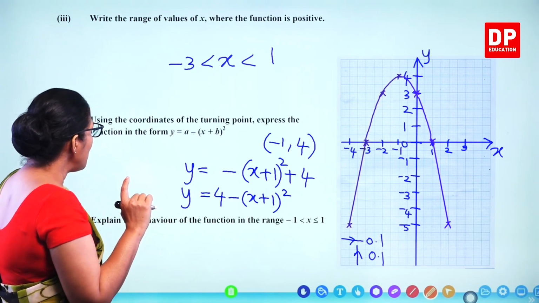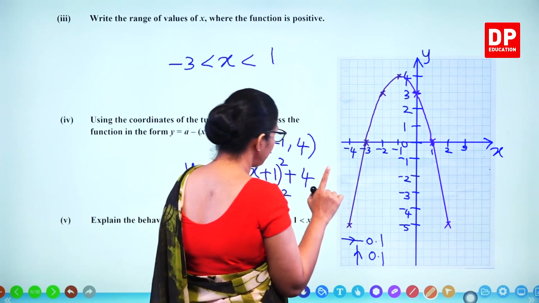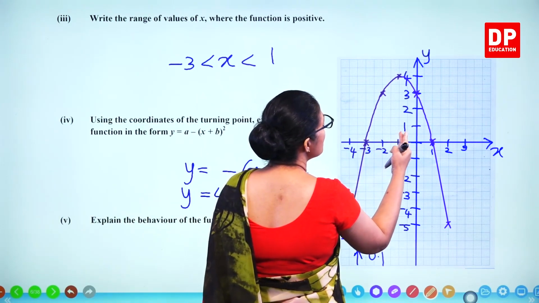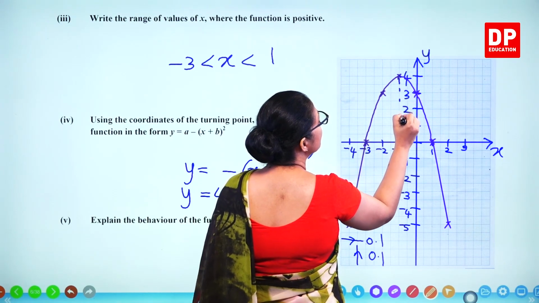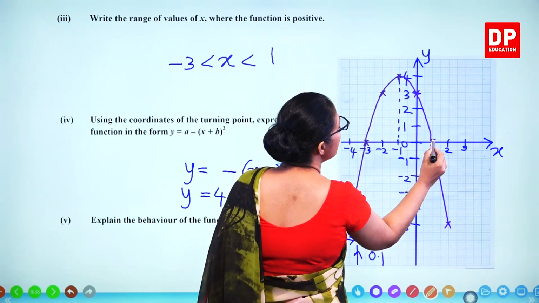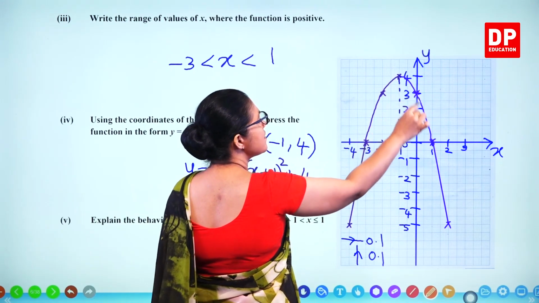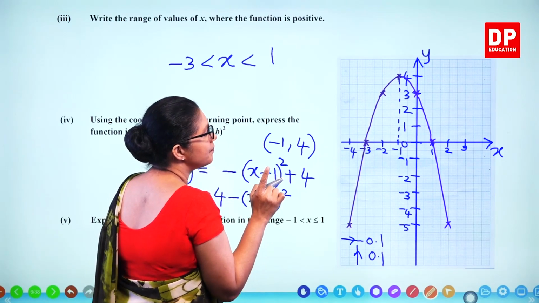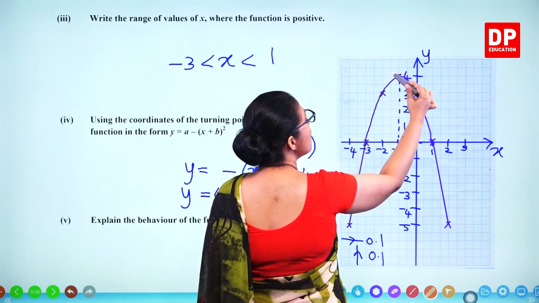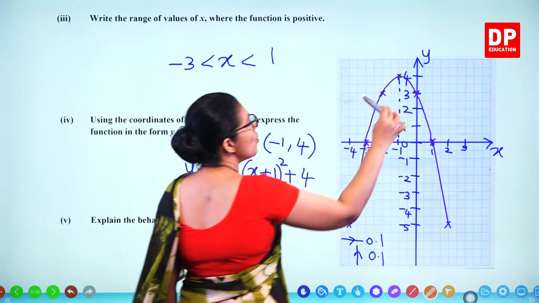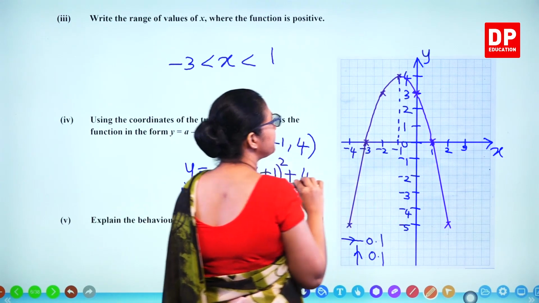And then explain the behavior of the function in the range -1 to 1. x is -1, so here. 1 here. So here to here, what happens? It decreases positively, from 4 to 0. 0 is the y value.